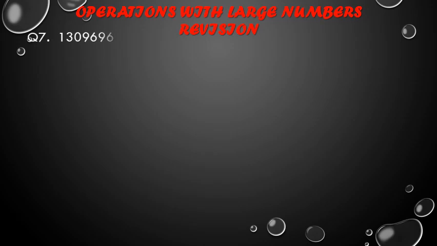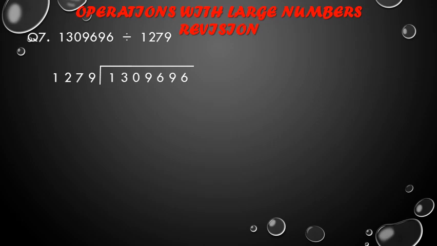Now children, let's do another question of division. Here we will divide 30,09,696 by 1,279. So 1,279 is the divisor and 30,09,696 is the dividend. So now let's begin the division.